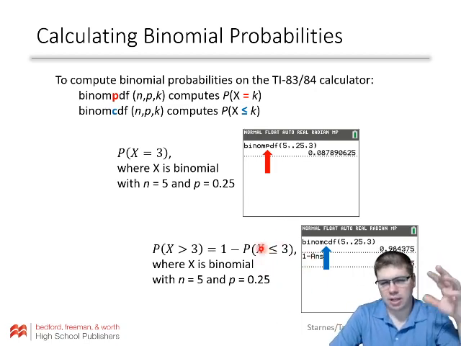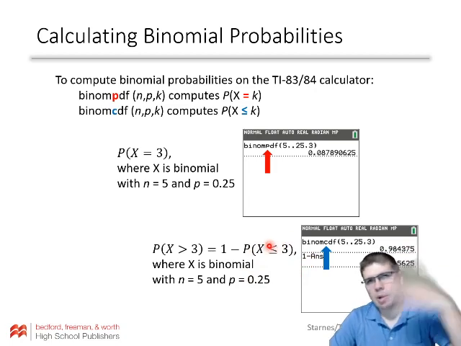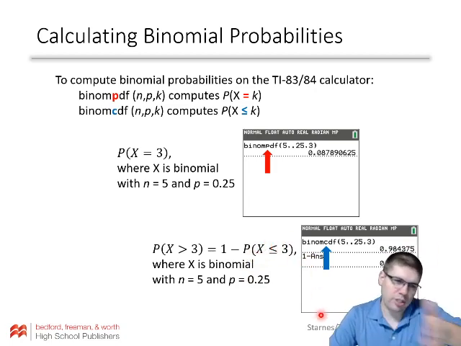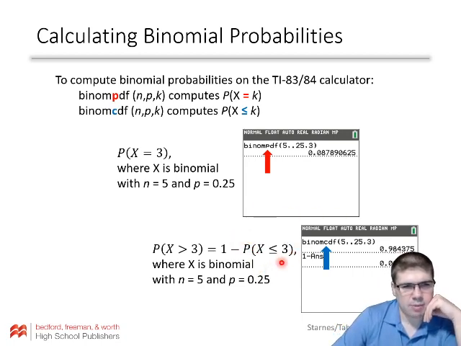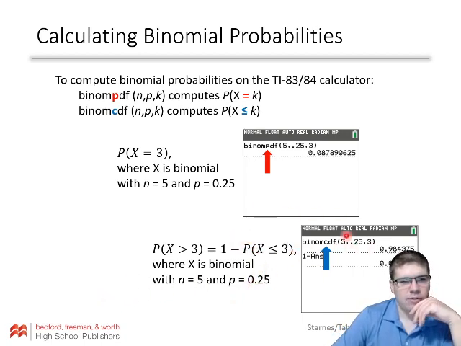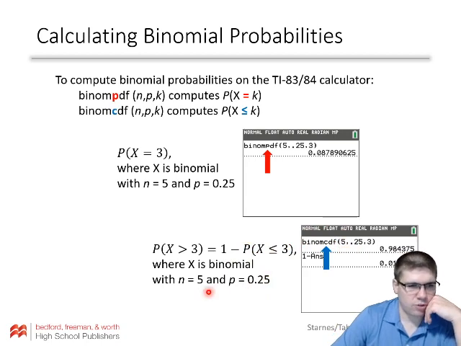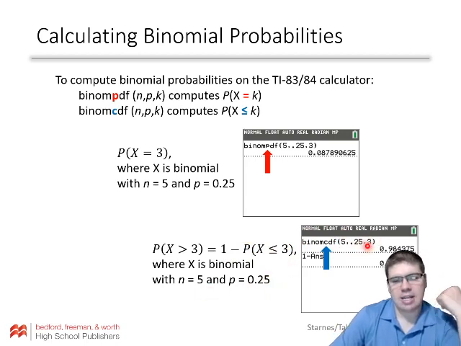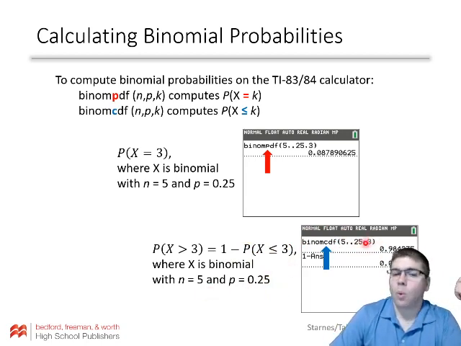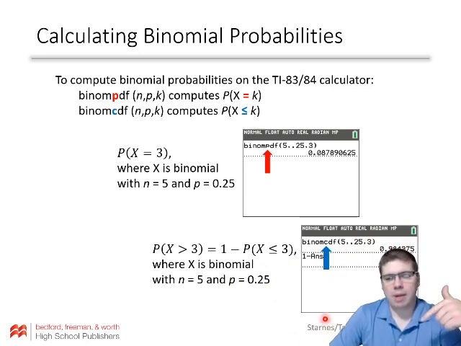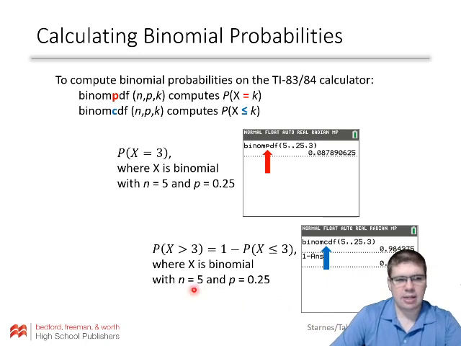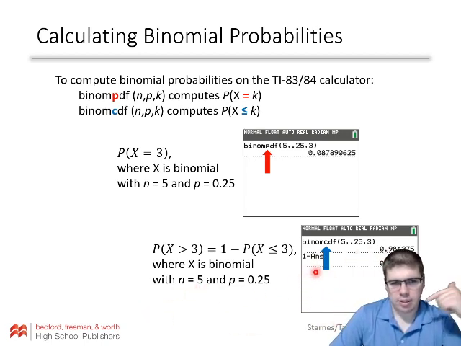You just have to do a little thinking through that. If you want to go above a number, what do you want to subtract away? You want to subtract away everything else. That's what this CDF command does. If you type in binomcdf with 5 trials, 25% chance of success, and 3 or fewer successes, there's a 98% chance that you get 3 or fewer. 1 minus that gives you that 1.5% that it is more than 3.